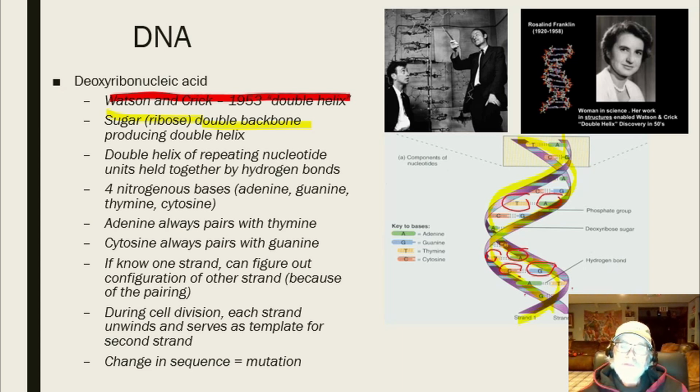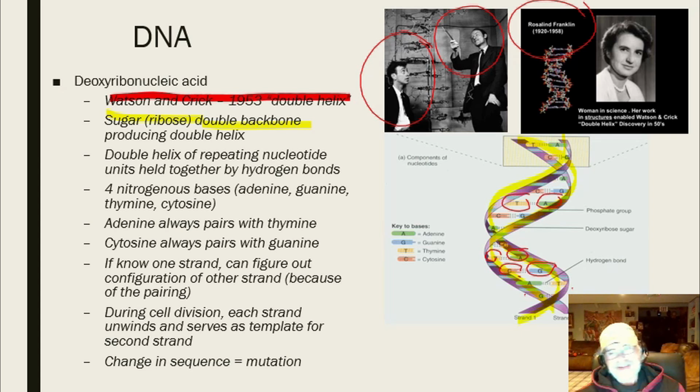So this was first described, like I said, in 1953 by Watson and Crick. You see the two guys up there looking very perplexed at this little model they have. The person that actually pushed them into that was Rosalind Franklin, their lab assistant.